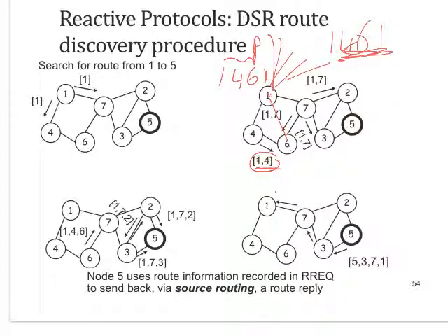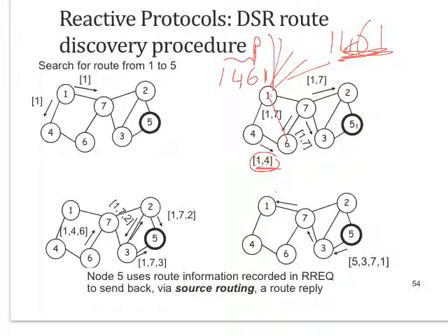Otherwise, for establishing the route, having loops is not that big of a deal, because let the packet move in loops, that's fine. But once you hit 5, the packet that is going in loops will keep going in loops, that's fine.